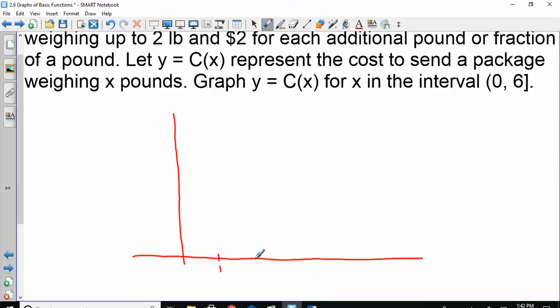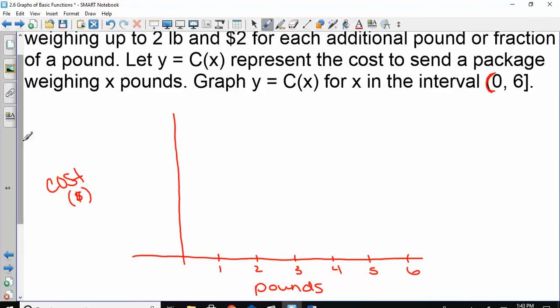All right, my x's are going to go up to 6. You notice on my interval, 0 starts with a parenthesis. What kind of circle are we going to start with on the graph? Open circle, good. All right, x here is pounds. Y is the cost in dollars.